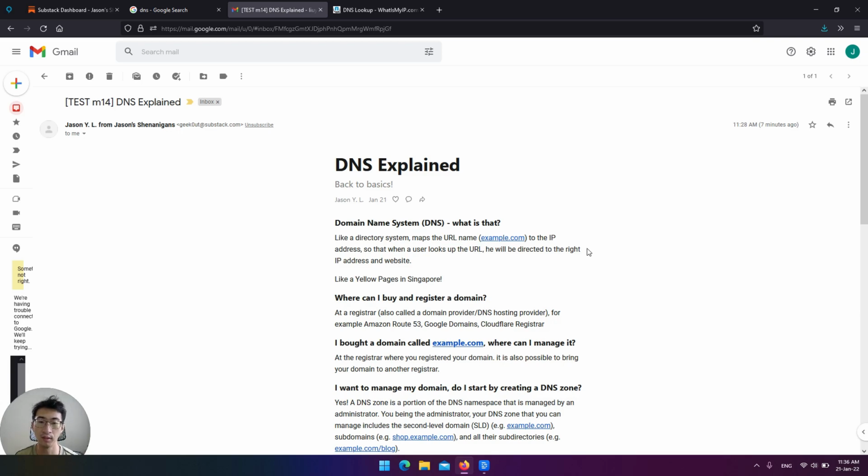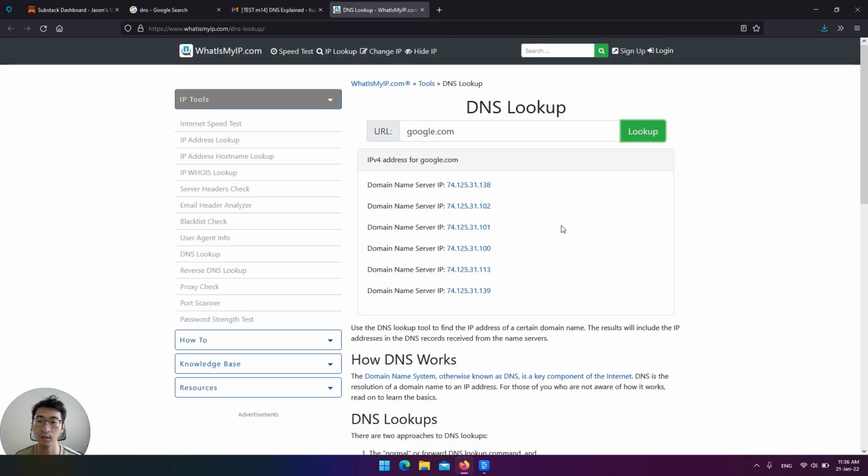For example, Google's one is 74.125.31.138, and they have a few others as well. So for users, it's very hard to remember these exact IP addresses.